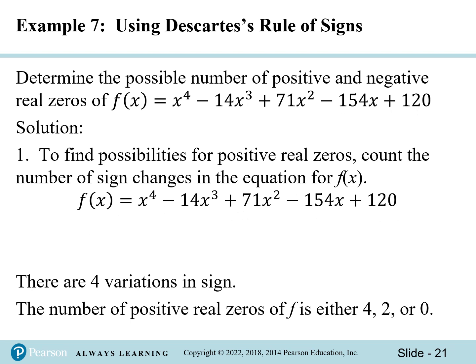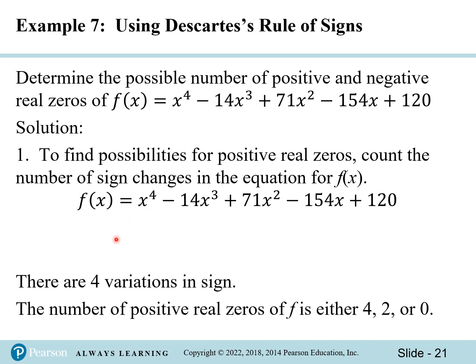So for Descartes' rule of signs, determine the possible number of positive and negative real zeros. So this is my original function here. We have f of x equals x to the fourth minus 14x cubed plus 71x squared minus 154x plus 120. To find the possibilities for positive real zeros, count the number of sign changes for the equation.